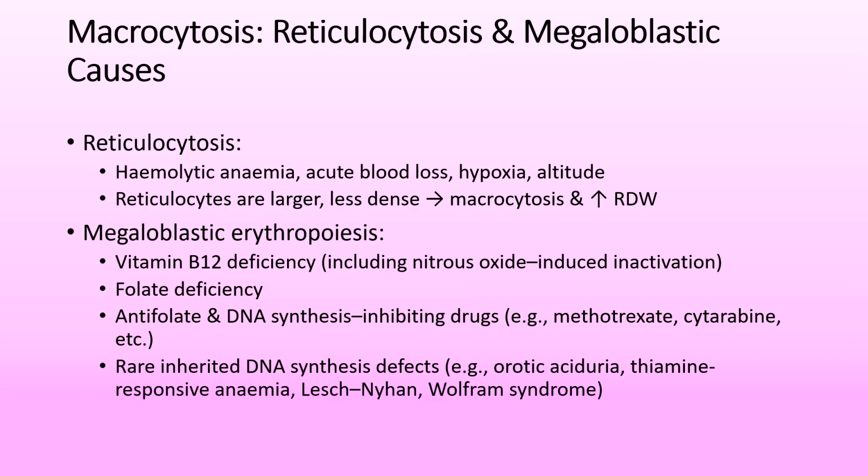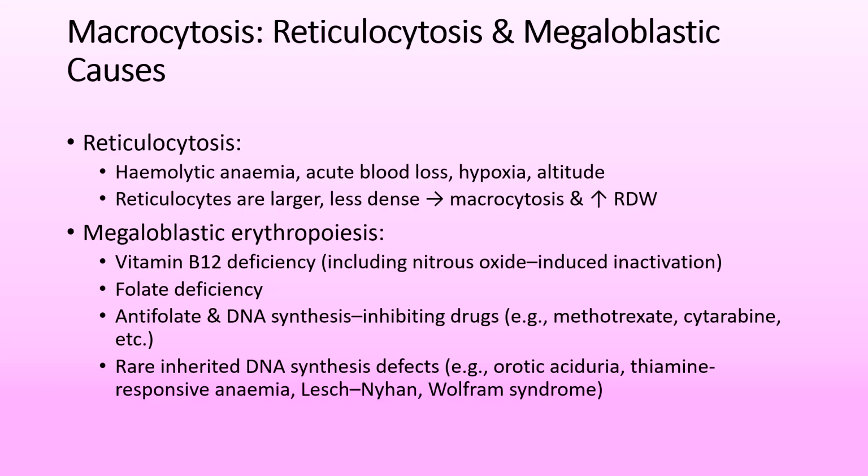One major mechanism of macrocytosis is reticulocytosis. Reticulocytes are naturally larger than mature red cells, so any vigorous marrow response such as hemolysis, acute hemorrhage, or marked hypoxia can raise the MCV and red cell distribution width. The classic macrocytosis is megaloblastic, in which B12 or folate deficiency leads to increased RBC size.